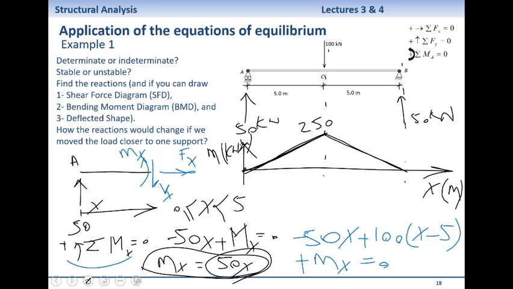As I said, I urge you to do it after the class. So this becomes the bending moment diagram. A bending moment diagram is essential for structural design, whether it's a steel structure, concrete structure, or timber structure. It doesn't matter what material we use. We haven't even discussed what material we are using because it's all about equilibrium.